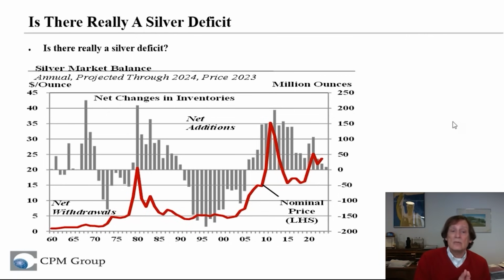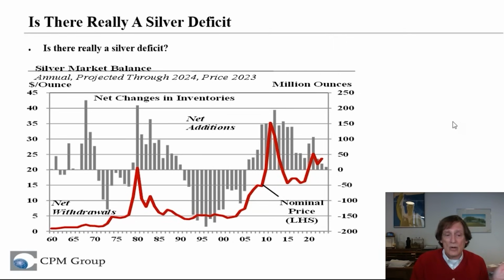We saw a peak. We saw from 1979 through 1989, investors being net buyers, adding to their refined inventories of above ground refined silver in bars and coin form. By 1990, they got burnt out.